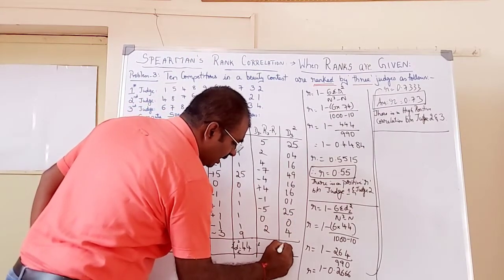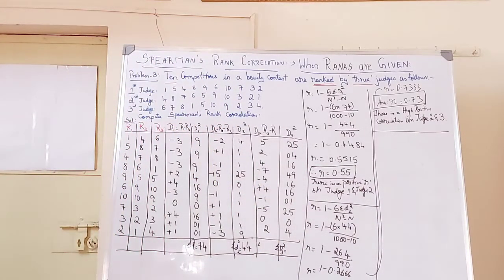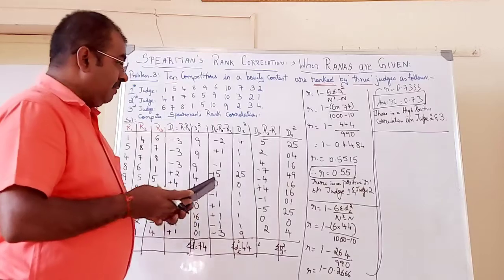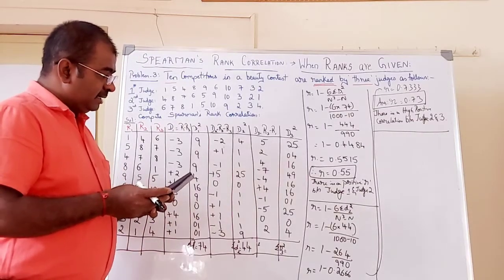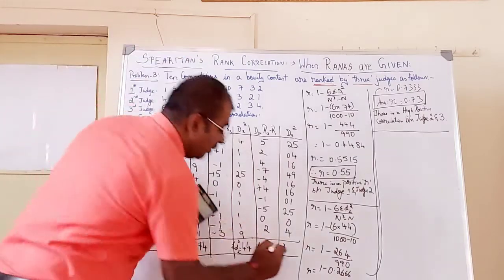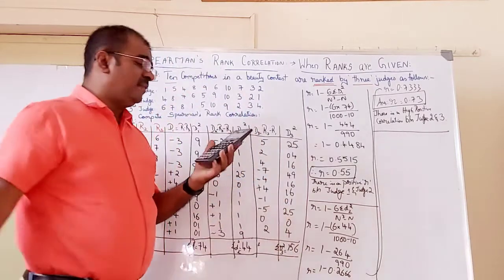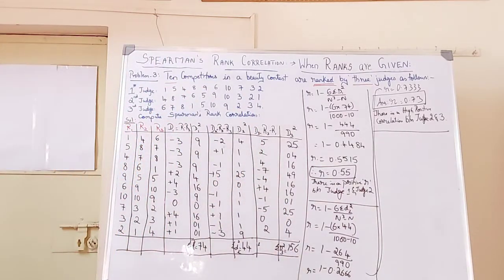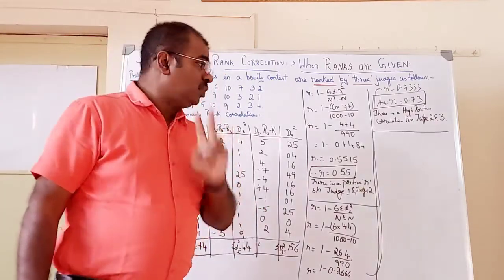Therefore, sigma D3 the whole square is equal to 25 plus 4 plus 16 plus 49 plus 16 plus 16 plus 1 plus 25 plus 4, which is 156.